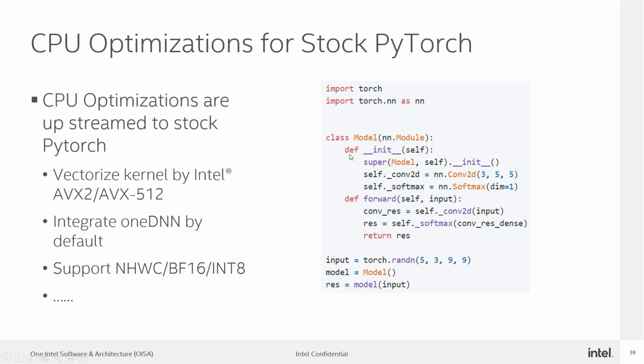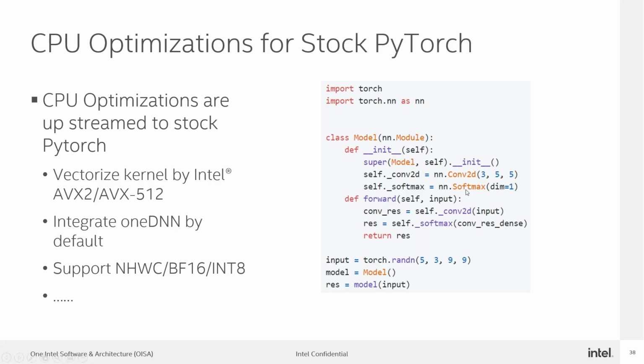Inside this definition, we define an init function, and we define some operators here, like we will use convolution conv2d, and we'll use softmax. Then we need to define a forward function. Forward function is the main function during training and inference.